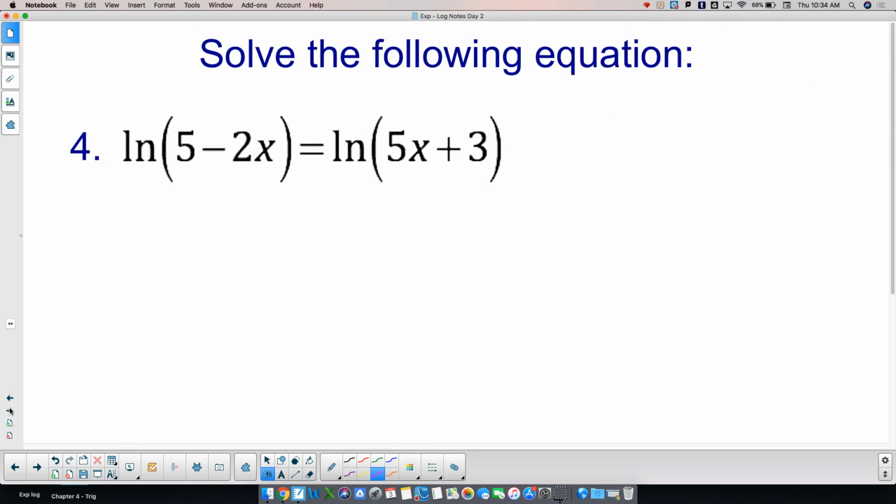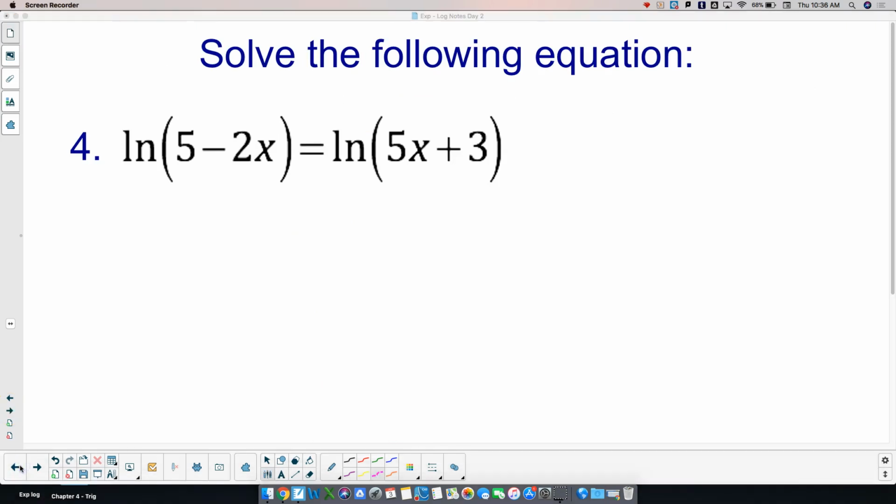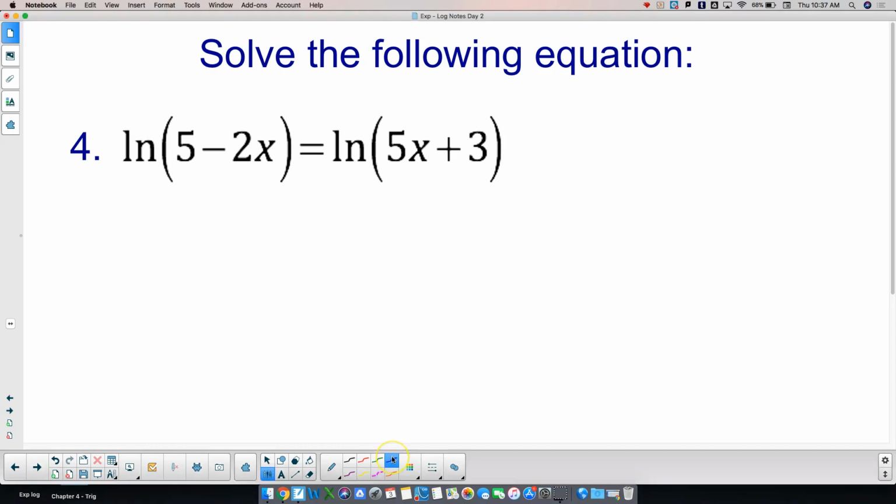Try that one. Log equals log. Bases are the same. Both bases are e. So then 5 minus 2x equals 5x plus 3.